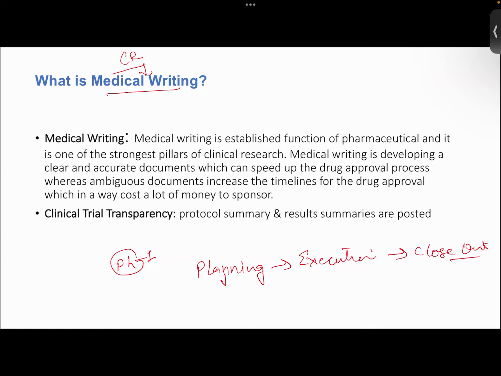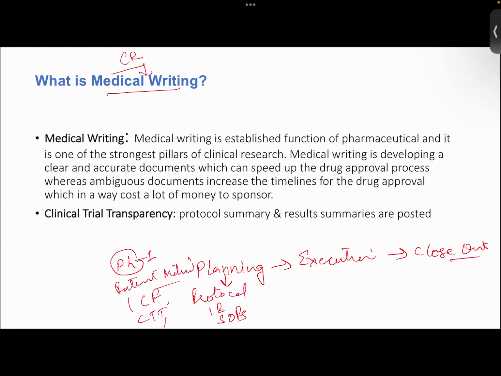Here, in planning, we need documents like a protocol, like an IB, like an SOP, like an ICF, giving you a few examples. What are the other documents? Even a clinical trial transparency document. You will also be needing patient material that you want to give them.